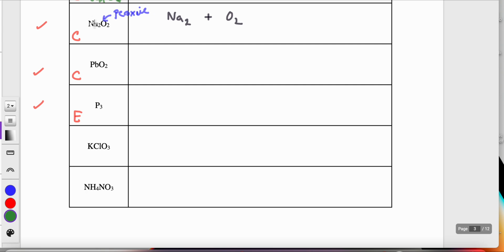If it's a peroxide, O2 must be bonded to hydrogen, a group 1 cation, or a group 2 cation. So when I go find Na on the periodic table, Na is in fact a group 1.